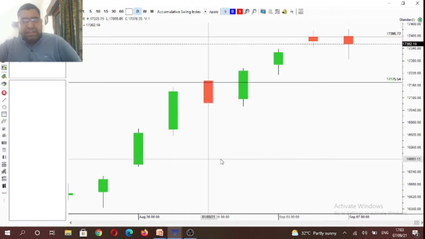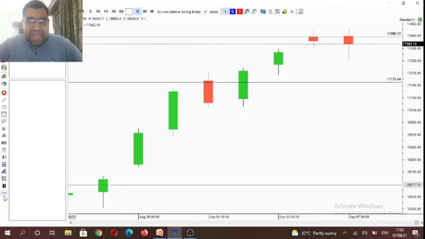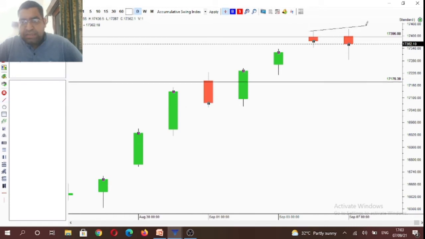And if we see the daily time frame, here you will see that today we have formed an outside candlestick. Outside candles are formed whenever buyers are willing to take price above previous day highs and sellers are willing to short the market and take the price below previous day lows, hence forming an outside candlestick.